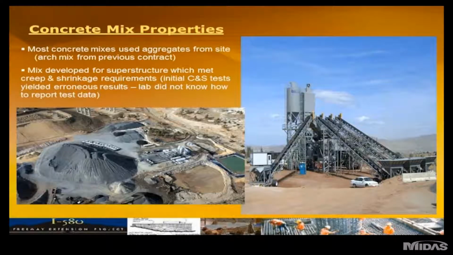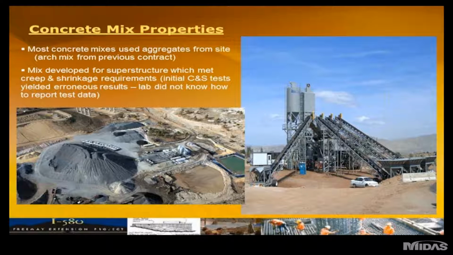The contractor proposed concrete mixes from the site in order to meet the creep and shrinkage requirements and also for reuse of materials. One thing we found early on was that some of the creep and shrinkage tests that were reported by the laboratory yielded very erroneous results. Literally, they did not really know how to conduct the creep and shrinkage tests and present the data.